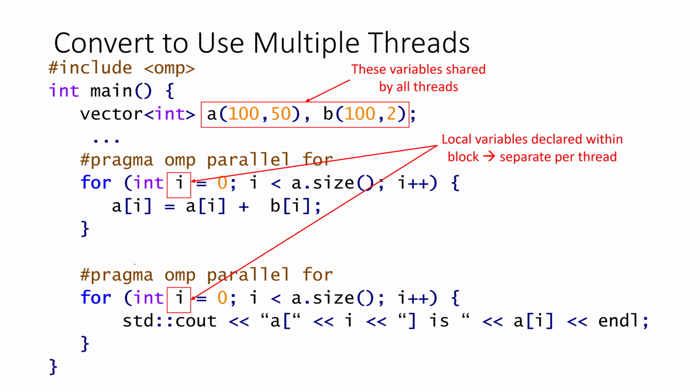And this matches what people would think, right? It wouldn't make sense for i to be a shared variable. It's just not going to work. Every one of these threads that's splitting up this for loop needs to have its own local variable. And to get the data into them, they should all be able to access the variables that existed before I got to the parallel for. Those are like their inputs.